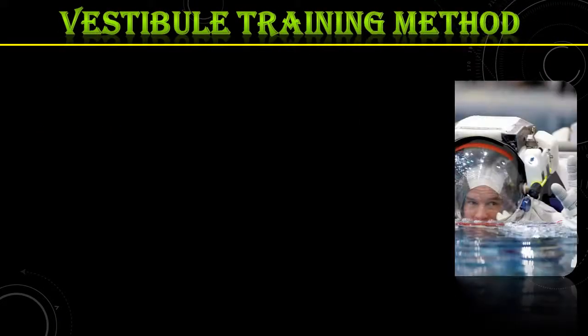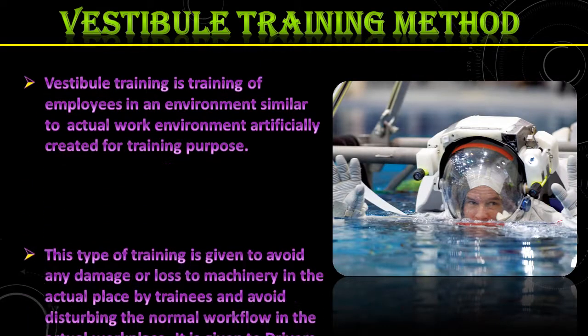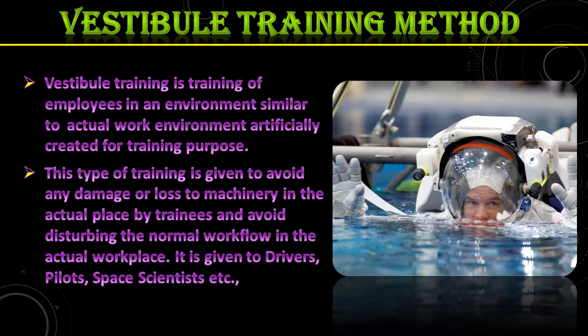Next method, vestibule training method. Vestibule training is training of employees in an environment similar to the actual work environment. The environment will be the same as the working place, but it will be artificially created for training purposes.